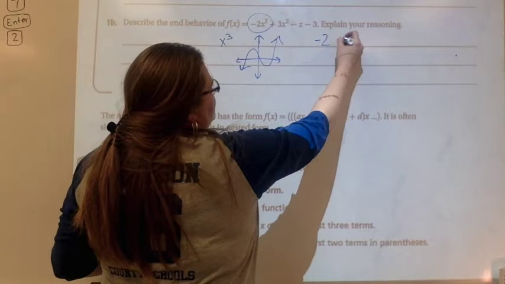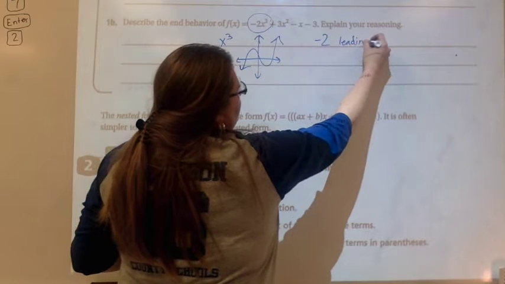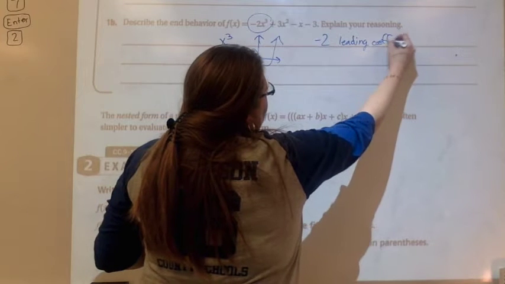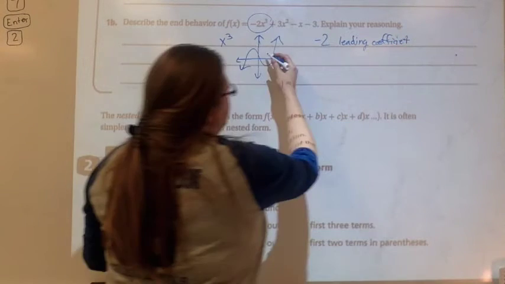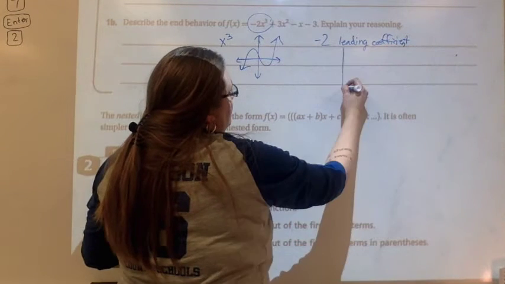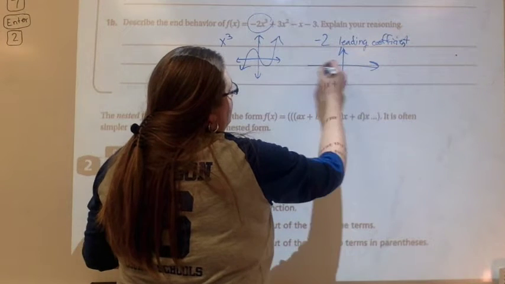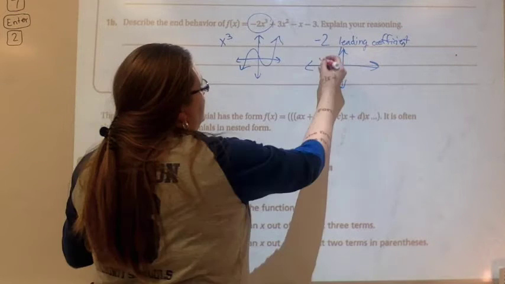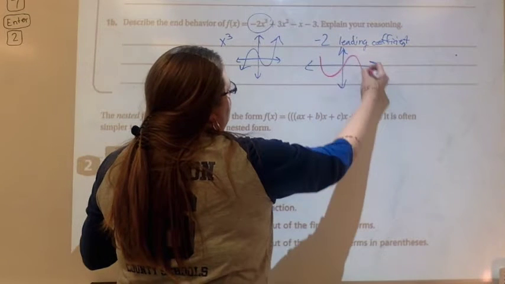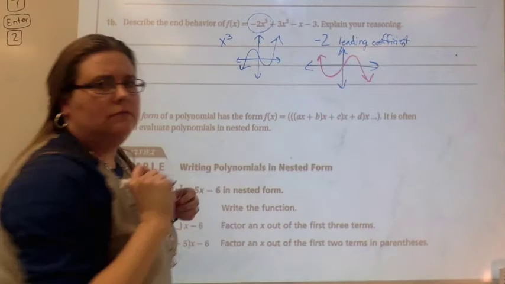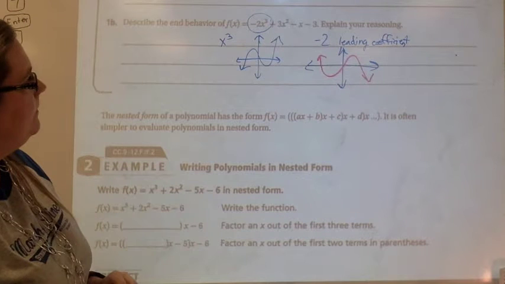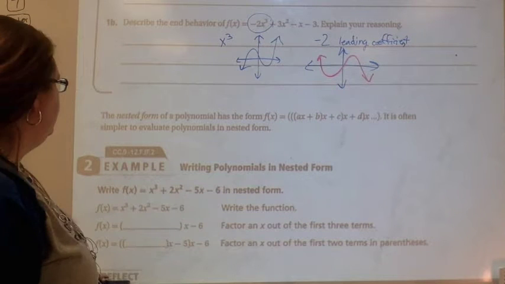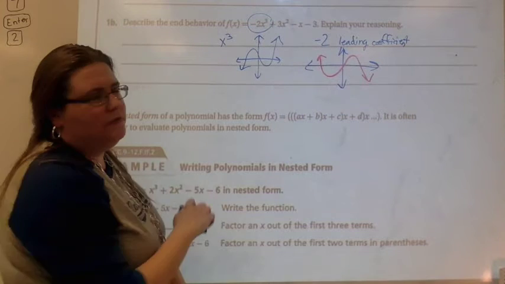So the negative 2 leading coefficient tells us this is going to flip. It reflects over the x-axis, so what we're actually looking at is this graph. Pause that if you need to. And we'll talk about nested form.